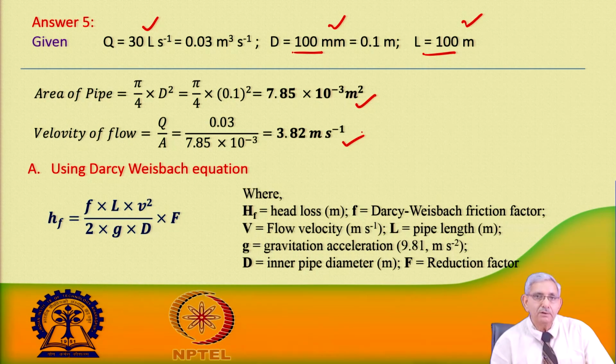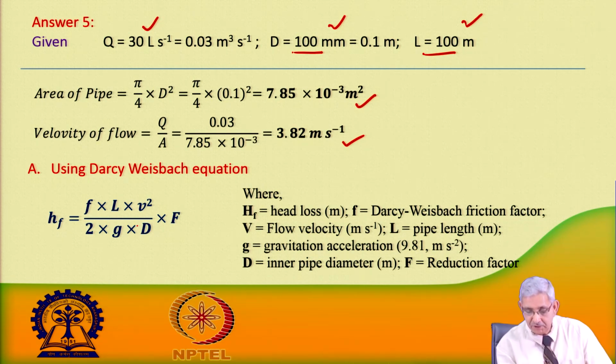Now, when we use the Darcy-Weisbach equation, it involves the value of f, it involves L, that is the length of the pipeline, velocity is known to us, that is we have already got 3.82, g is the acceleration due to gravity, d is the diameter of pipeline.